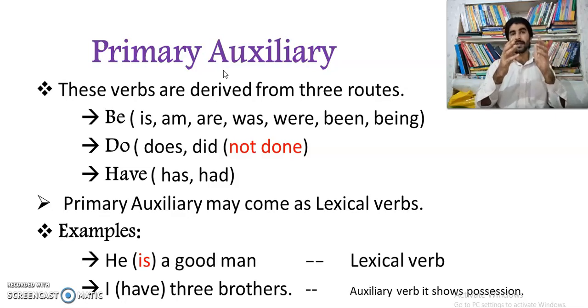So we can say that primary auxiliary verb can replace the lexical verb. I have three brothers. Here it shows possession. Have is an auxiliary verb, but here it is working like a lexical verb. So we can say the primary auxiliary verb can replace the lexical verb. Okay, so I hope you have understood this one.